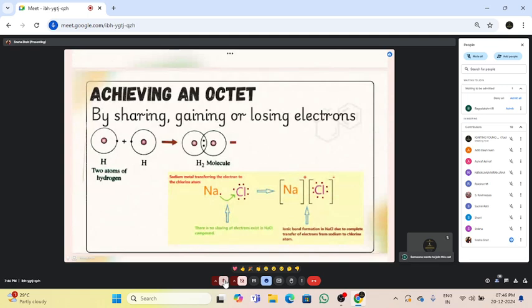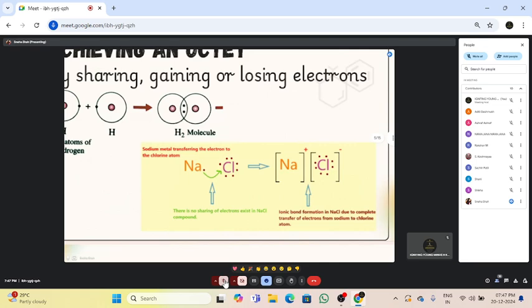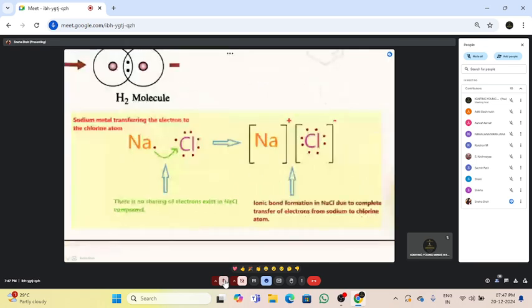Gaining or losing electrons is easy to understand. When I talk about sodium, Na, look at this figure. It has a total of 11 electrons, and there is only one electron in the outermost orbit.